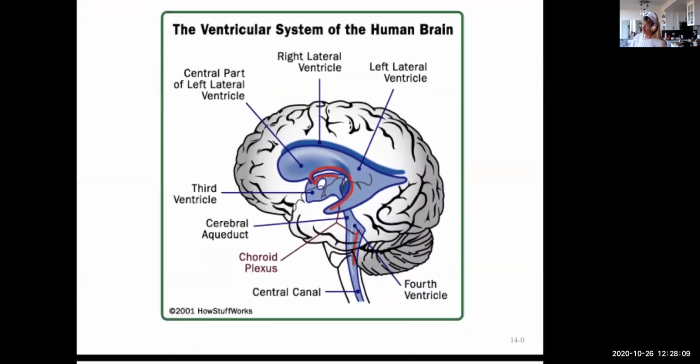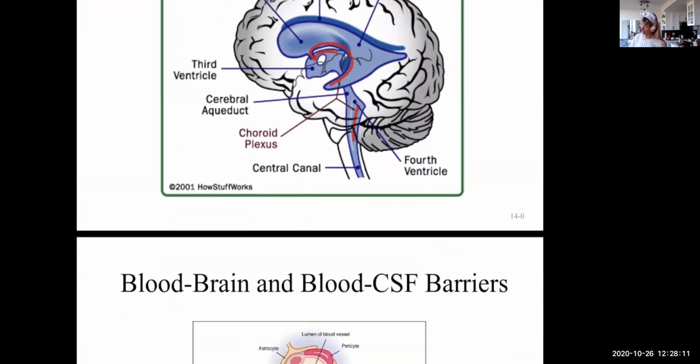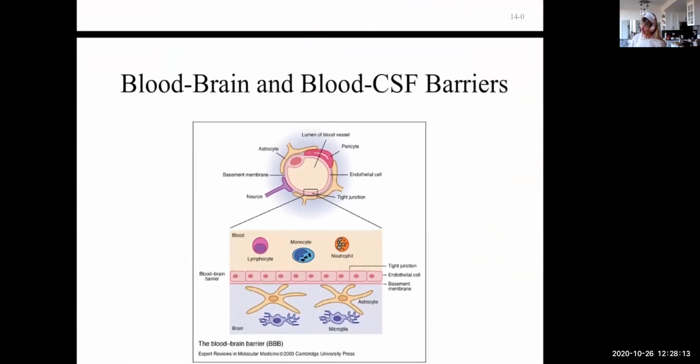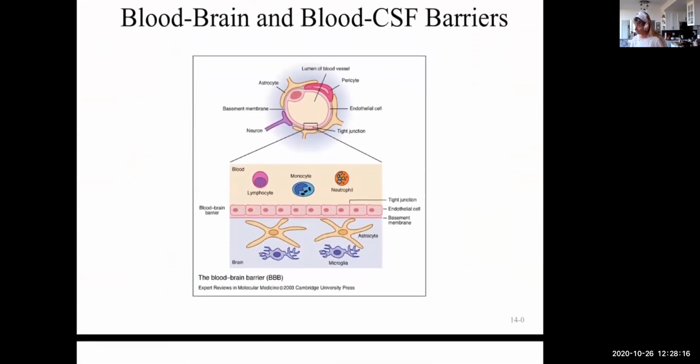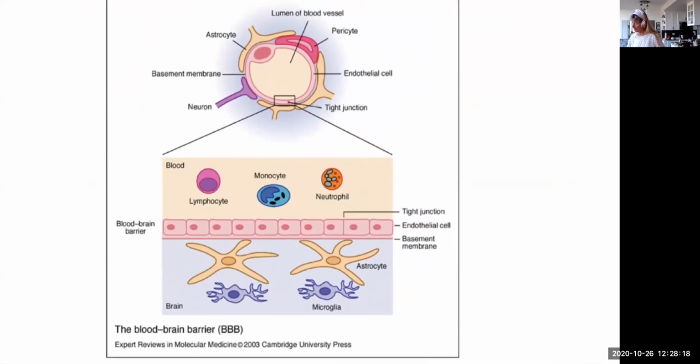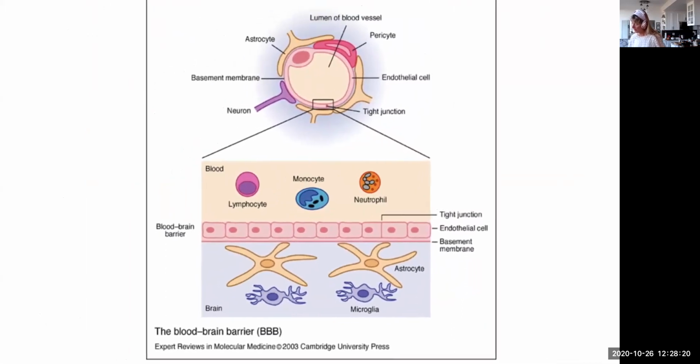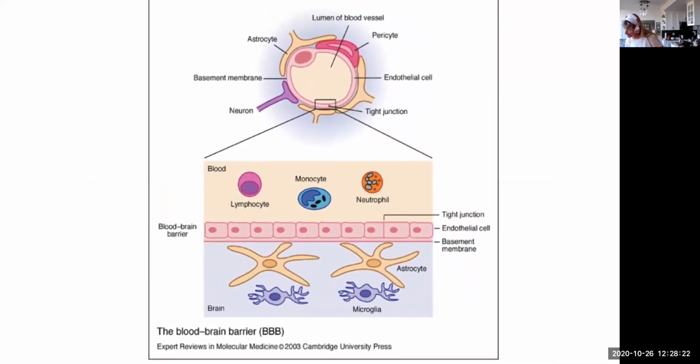Yeah, that's the ventricular system of the human brain, cerebrospinal fluid. Here's an example of the blood-brain barrier. So here are the little feet of the astrocyte that you can see.